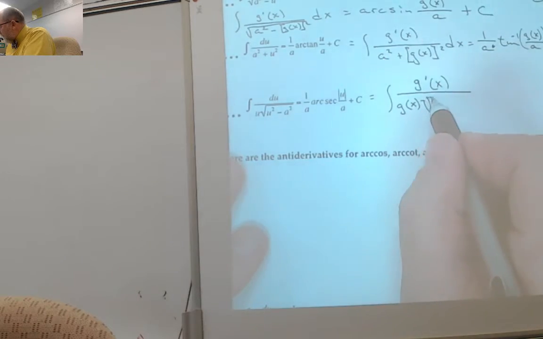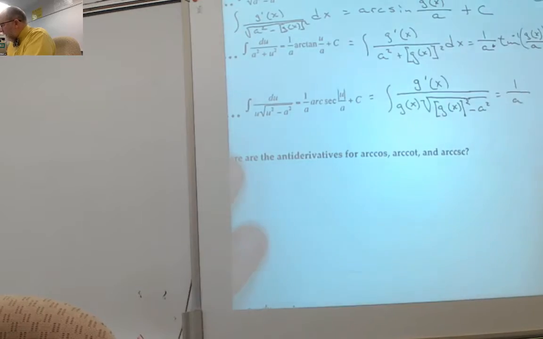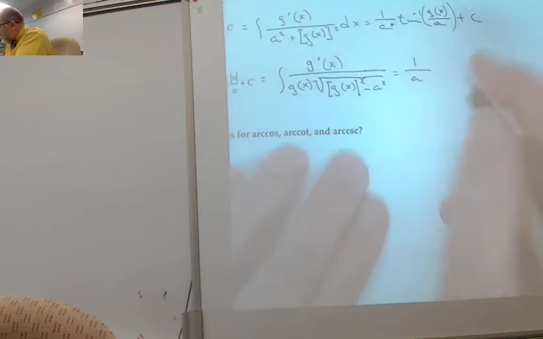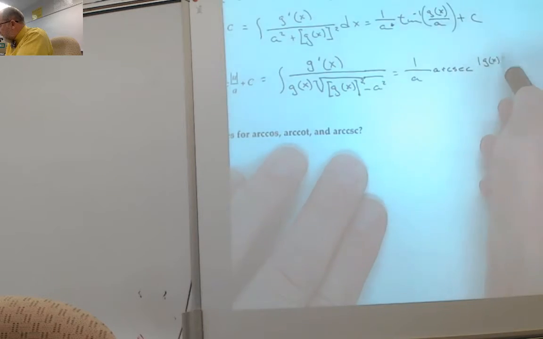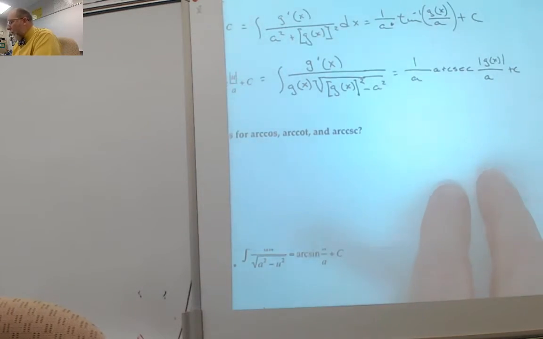Square root of g of x squared minus a squared is equal to 1 over a times the arc secant of the absolute value of g of x over a plus c. Now, on the test, you're only going to get one of these.